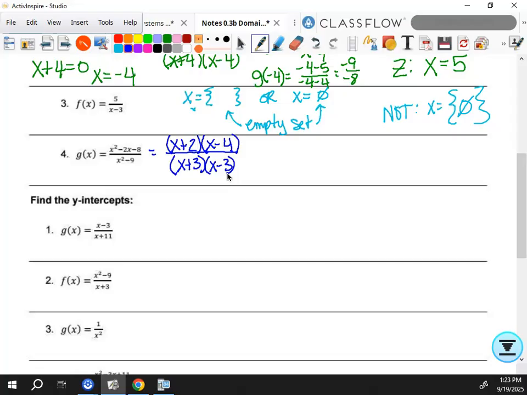So how many zeros do I have? 2. So my zeros: x equals -2 and 4. Any questions about zeros?